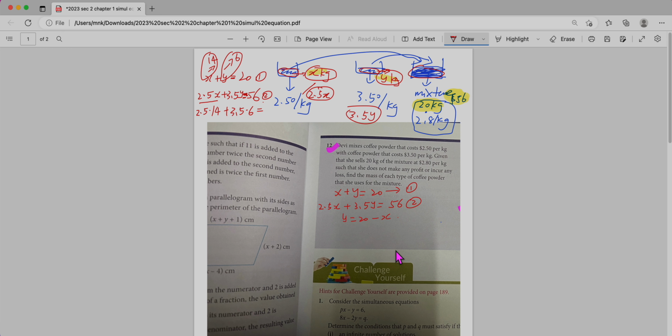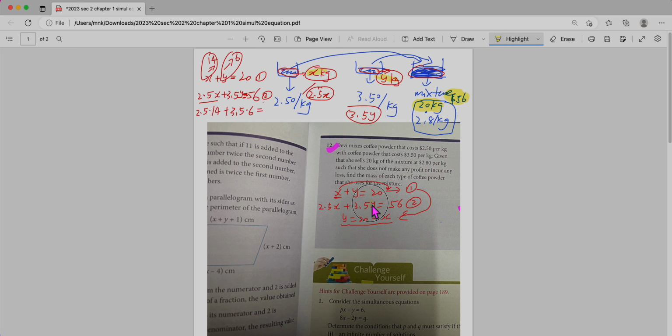How do I get that? I just move the x to the right hand side, so it becomes minus x. Now I have the y here, and I just have to replace the y here with this thing.